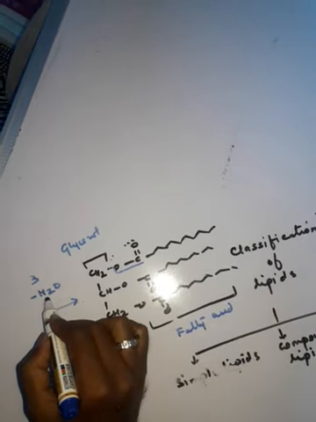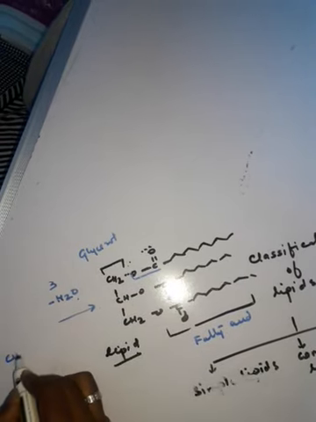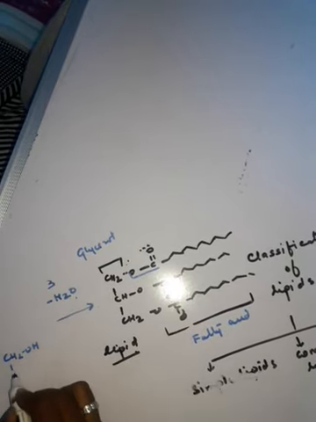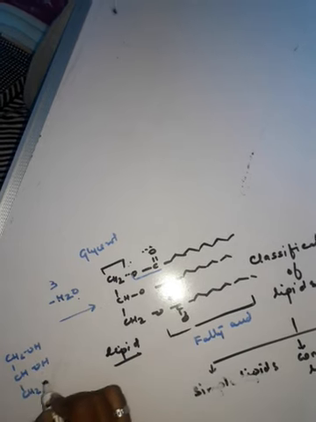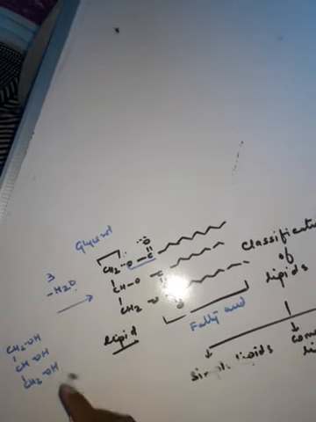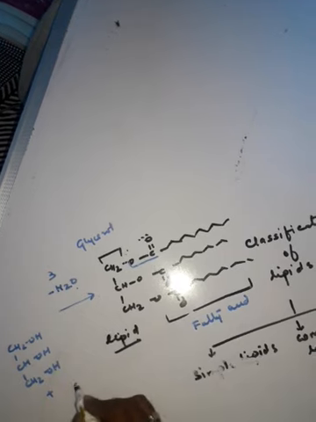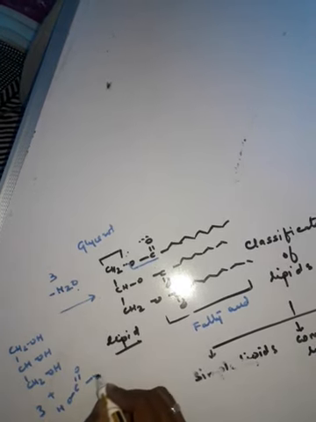So three water will be released when you add glycerol, this one, and fatty acid, this part. So I have mentioned here that there will be three molecules of fatty acid.